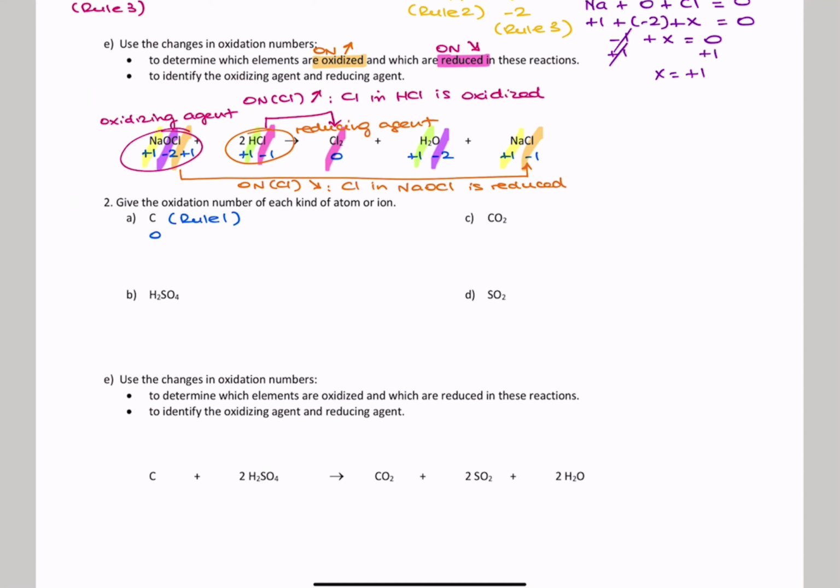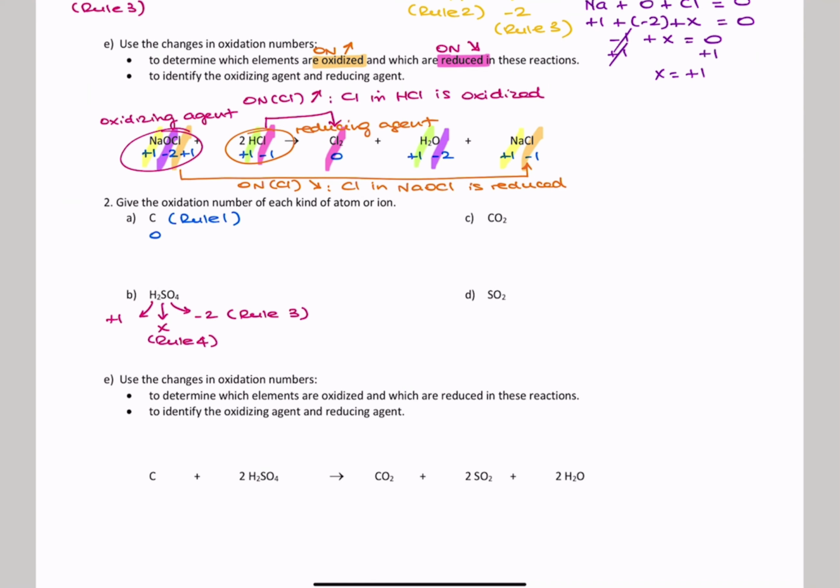We have specific rules for some of the elements here. We know that H is always +1 per rule number 3, and we know that O is -2, per rule number 3 as well. We're going to pose the sulfur as an unknown because there's no rule for sulfur, and therefore we're going to use rule 4 to calculate the oxidation number of sulfur.